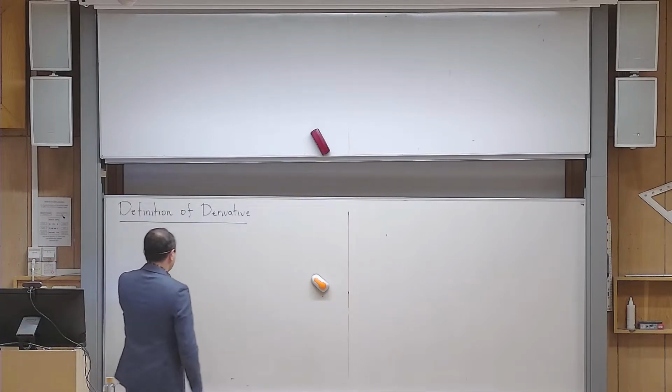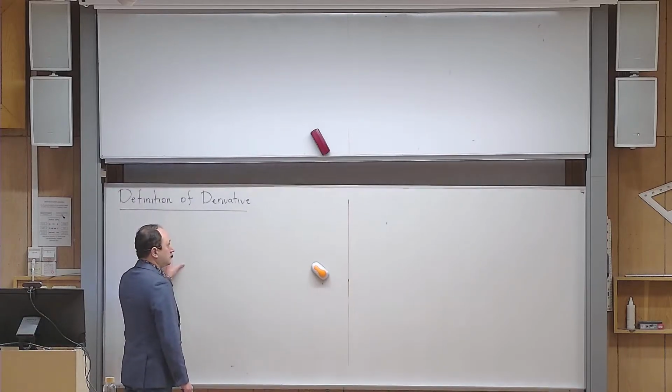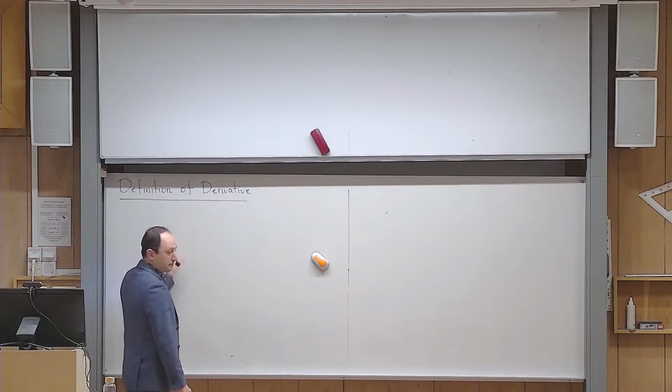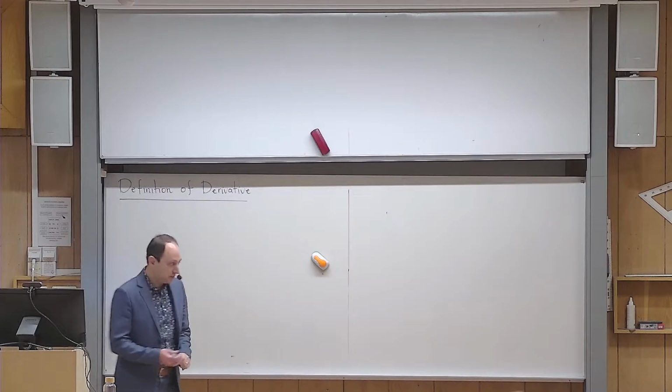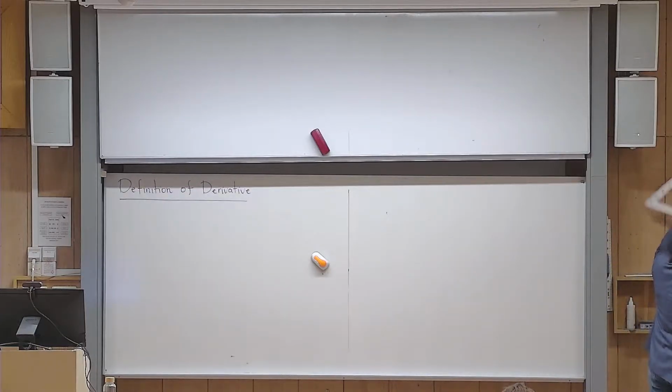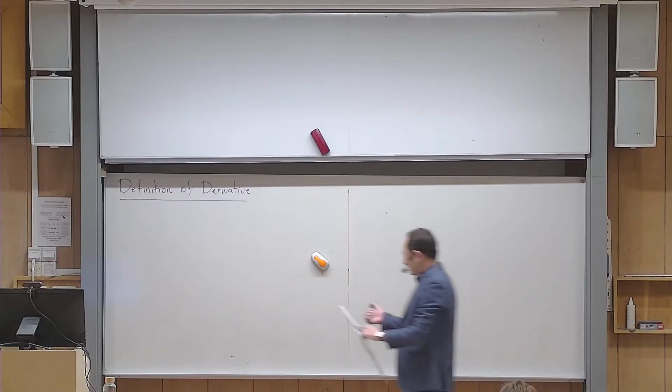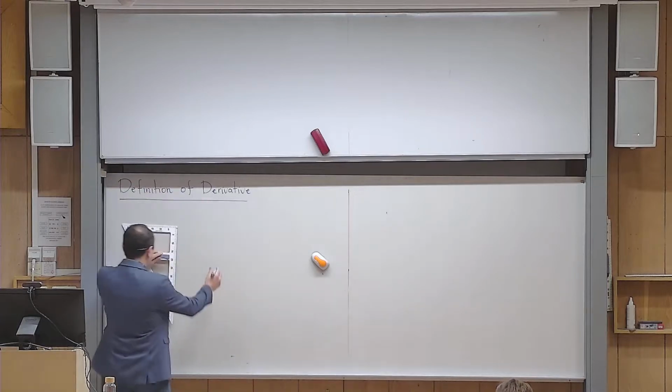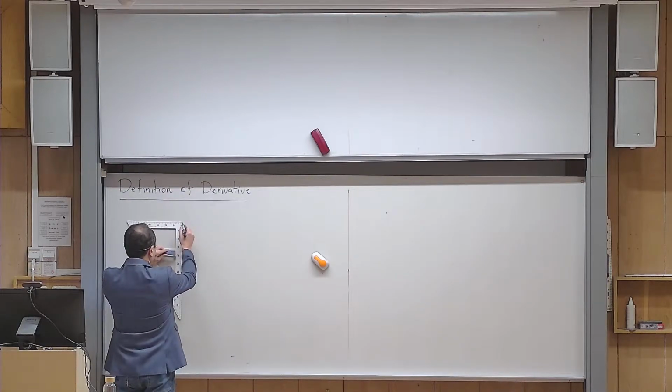So what Leibniz was interested in solving was this. Let me try to draw more careful pictures here. Assume that you have a function and then you have the curve of the function.